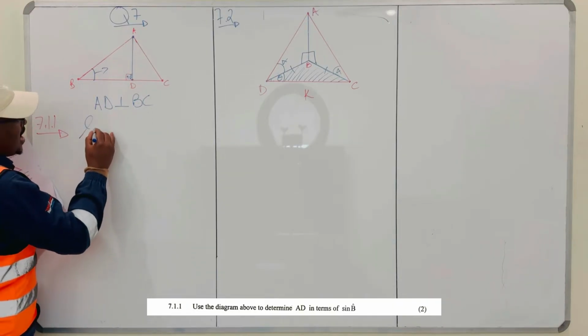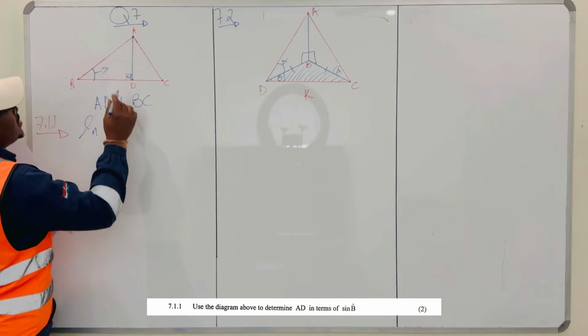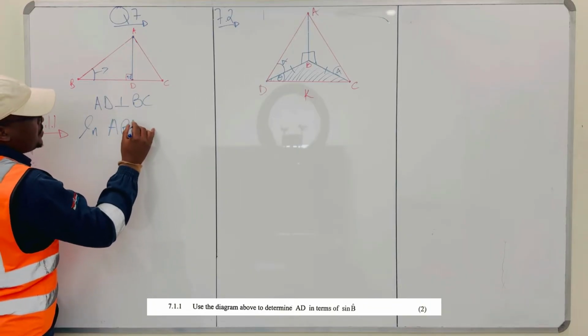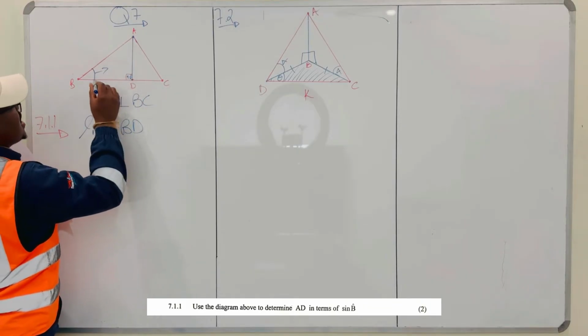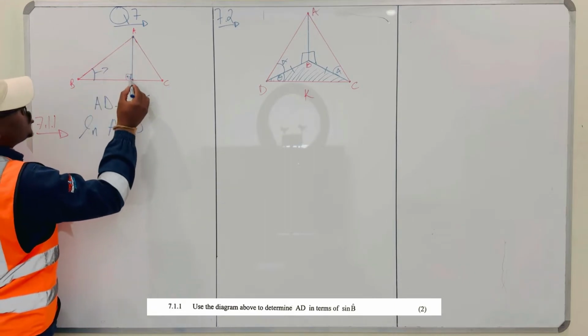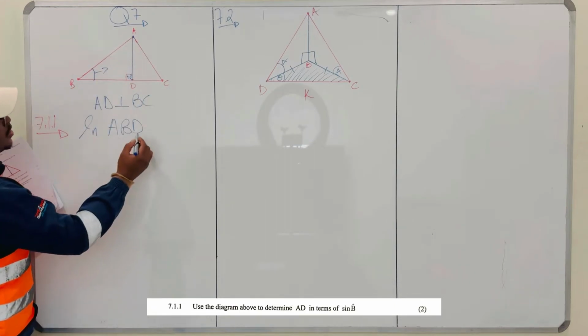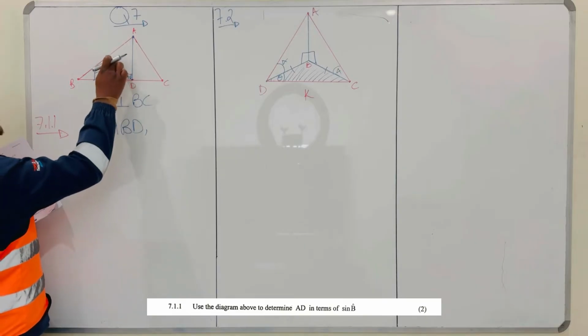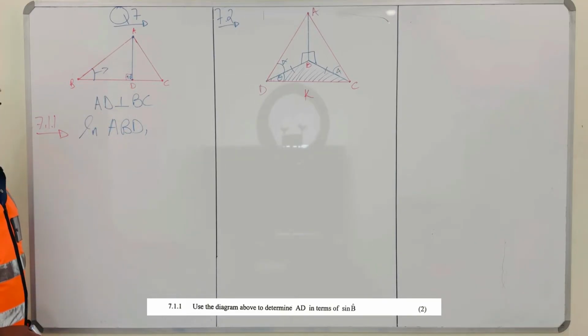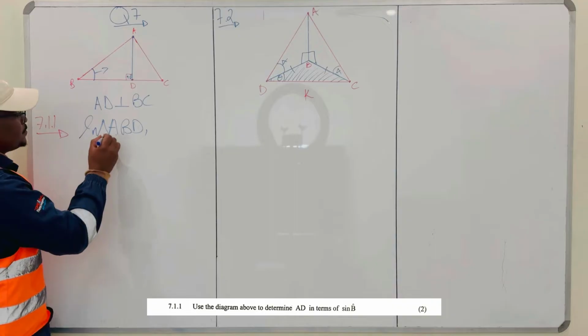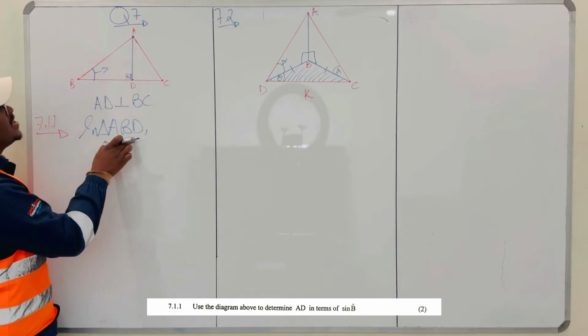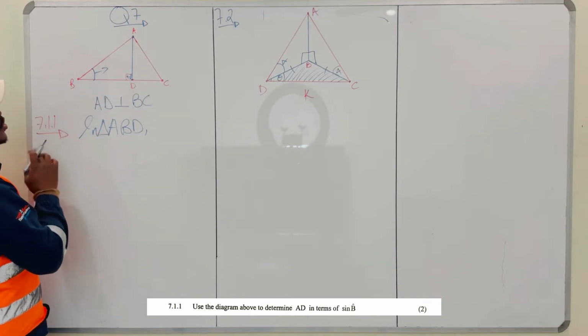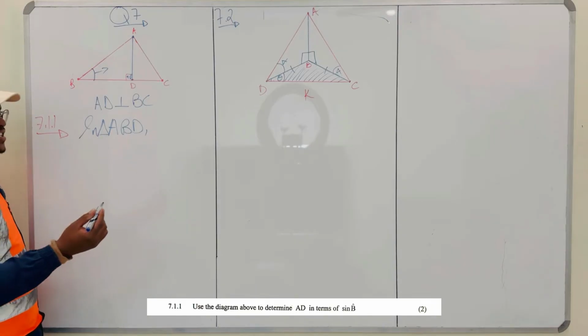So in triangle ABD, this triangle here joined by AD, you can see that it is a right-angled triangle. ADB is a right-angled triangle, so we can apply our trig ratios nicely there.